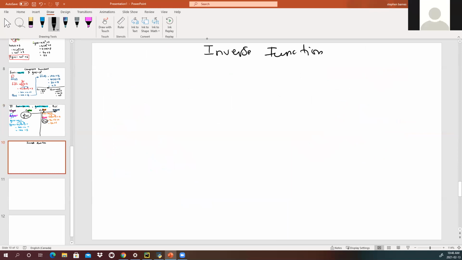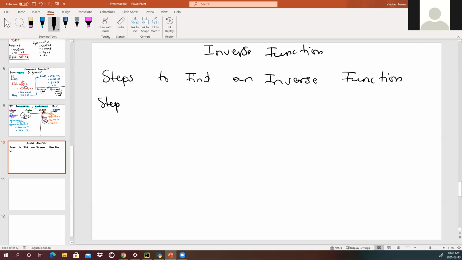So we're going to look at inverse functions now. Let me just write down the steps so you can write them down and then we can talk about what it represents. All right, so step 1.